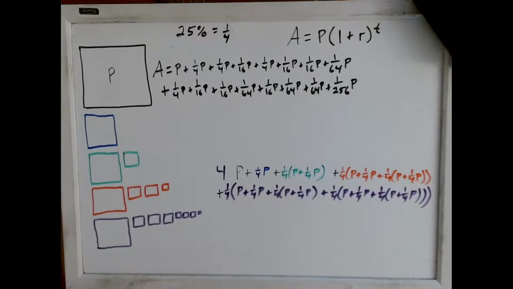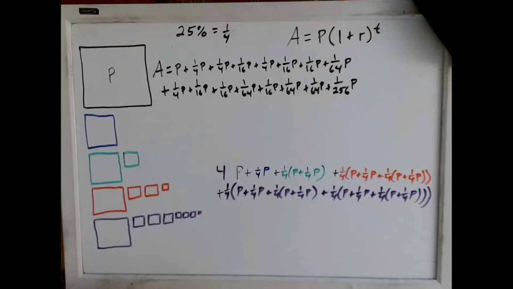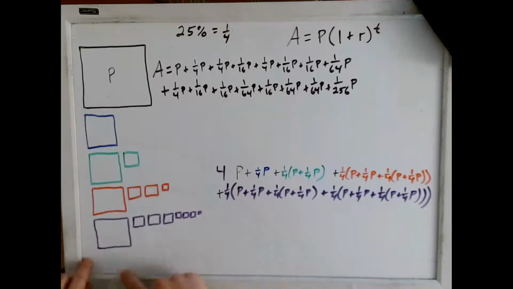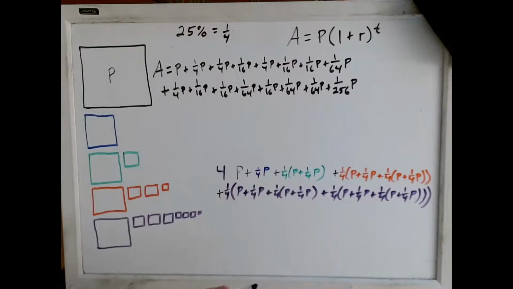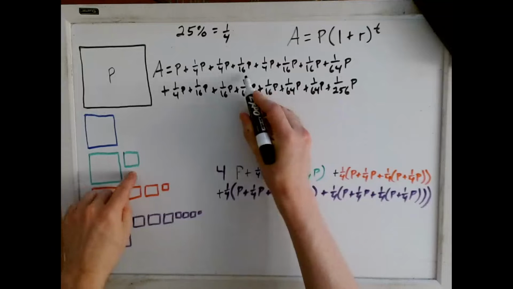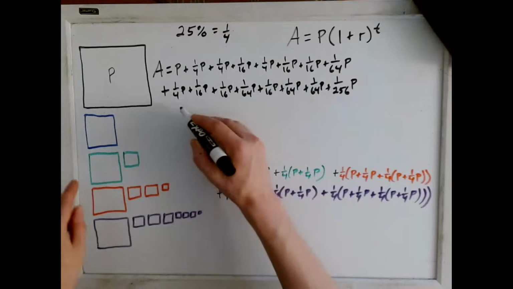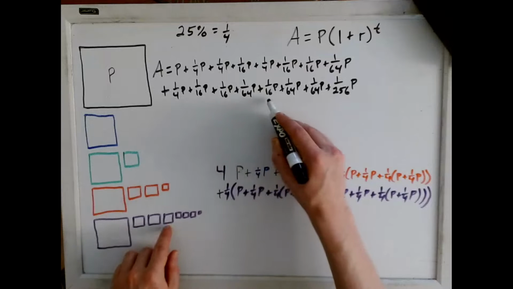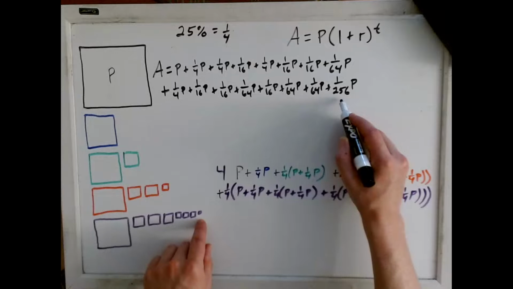Let's now double check that we did that distribution correctly, because these terms and numbers should literally match up to our visual representation of them. So we have P, 1/4 P, 1/16, 1/16, 1/64, 1/16, 1/64, 1/64, 1/256.